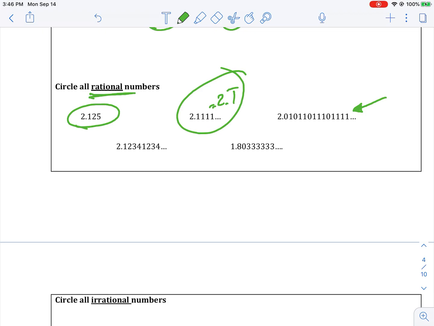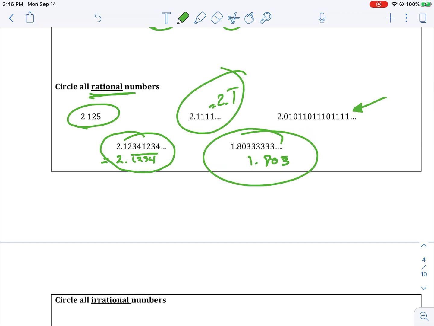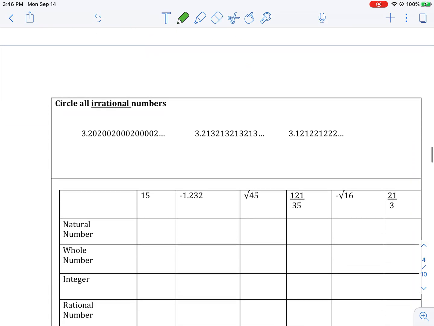The dot, dot, dot at the end means it goes on forever, and it does not repeat. I cannot put a bar over any numbers, therefore it is irrational. Right here, I get 1, 2, 3, 4, and looking at the dot, dot, dot, that is going to keep repeating, so I can put a bar above the 1, 2, 3, 4, therefore it is rational. 8.083 with the bar above it makes that also rational.